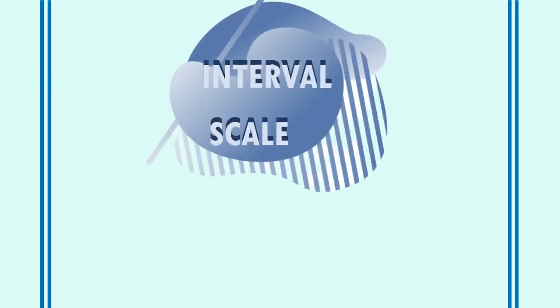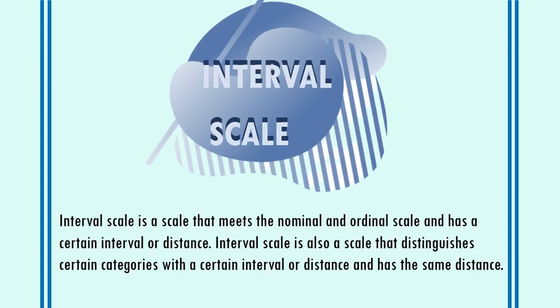Interval scale. Interval scale is a scale that meets the nominal and ordinal scale and has a certain interval or distance. Interval scale is also a scale that distinguishes certain categories with a certain interval or distance and has the same distance.